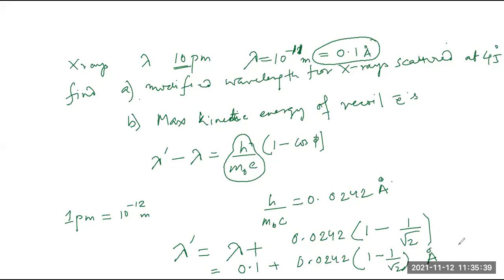That will be lambda prime. So how much is lambda prime coming out to be? 0.107 angstrom. Correct, that's the right answer.